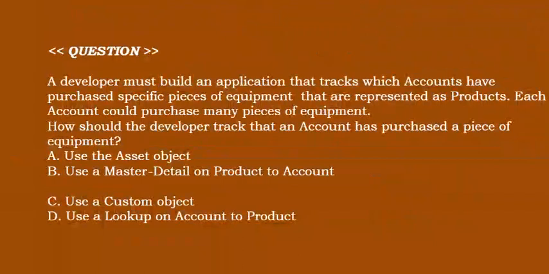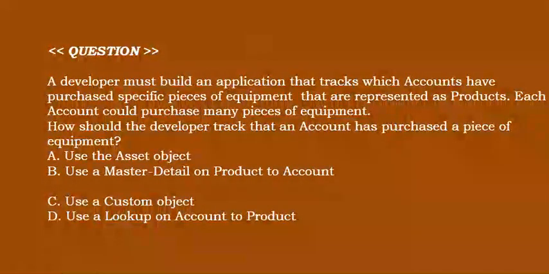Next question is, a developer must build an application that tracks which accounts have purchased specific pieces of equipment that are represented as products. Each account could purchase many pieces of equipment. How should the developer track that an account has purchased a piece of equipment?